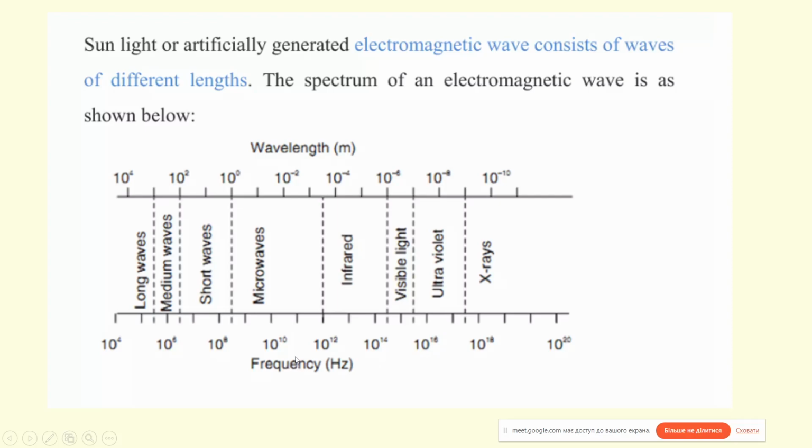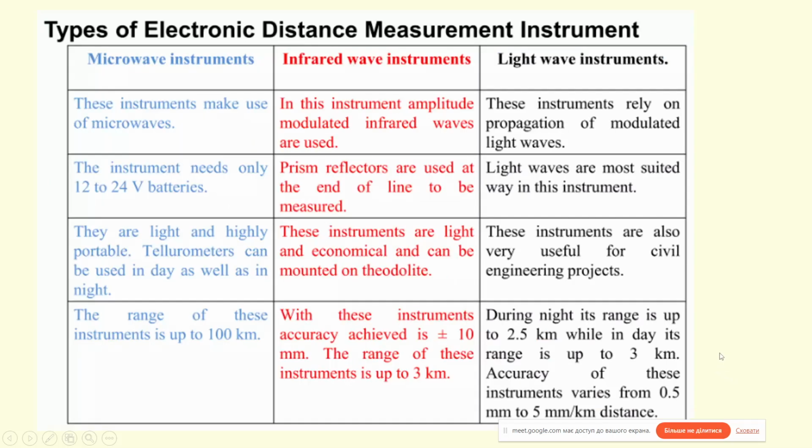For distance measuring, we use different wavelengths. For example, visible light, microwaves, and radio waves. Here you can see types of electronic distance measurement instruments.